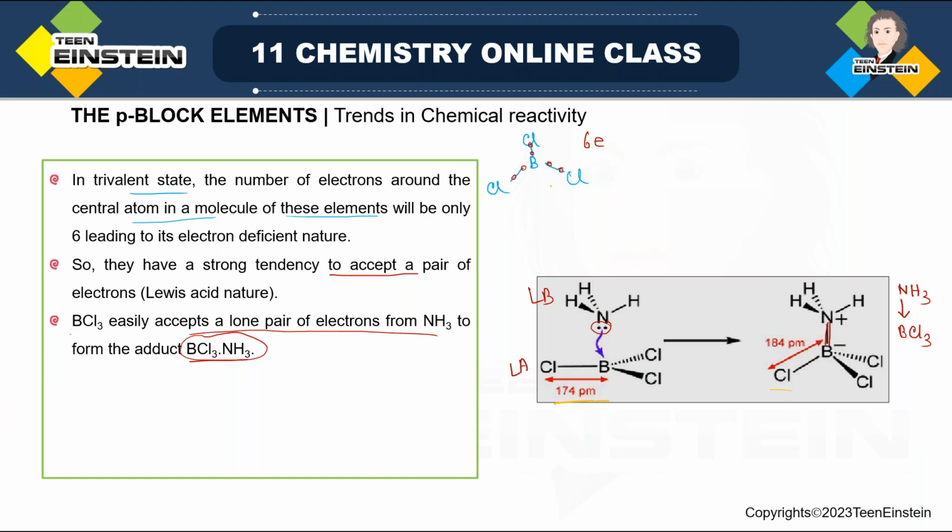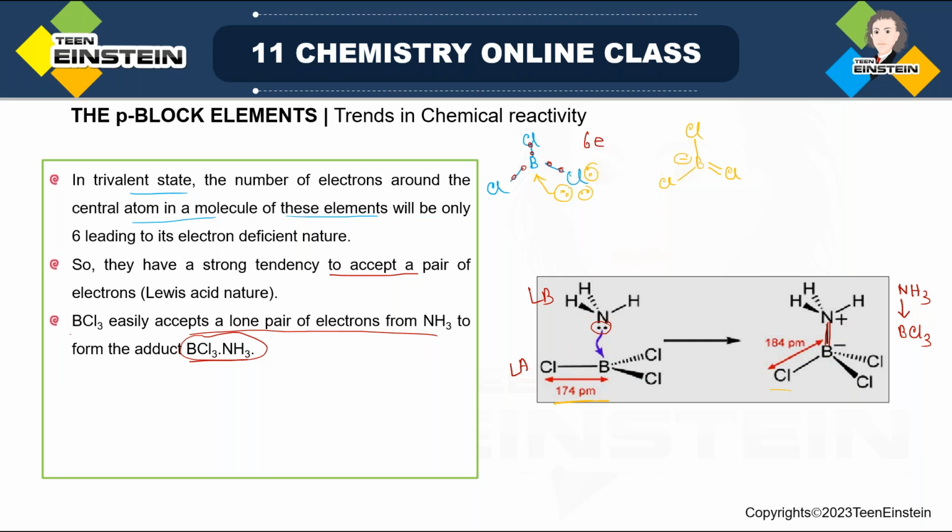So what happens when you have this single BCl3 molecule, because of this electron deficient nature, but we know in chlorine there are some more lone pairs that are also present. Now to remove this electron deficiency, what happens? This lone pair can be donated towards boron and as a result you will get some double bond character between boron and Cl.